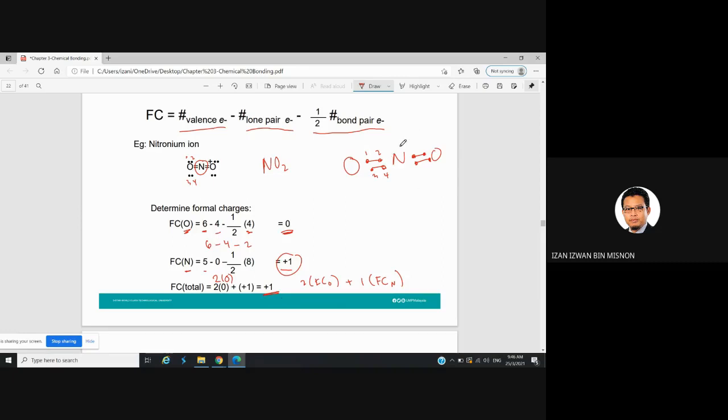So in this case, nitrogen will be positively charged, or we can draw it like NO2 plus.